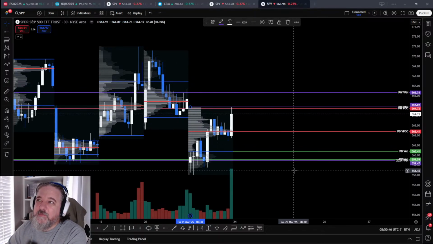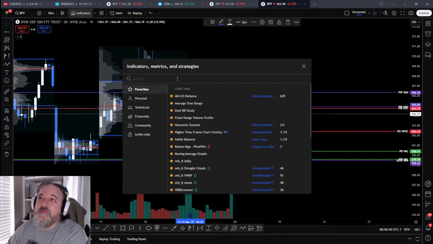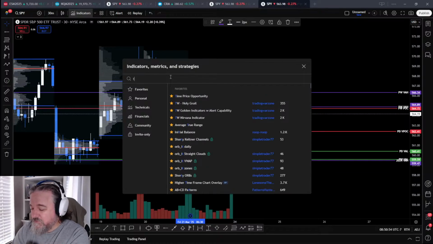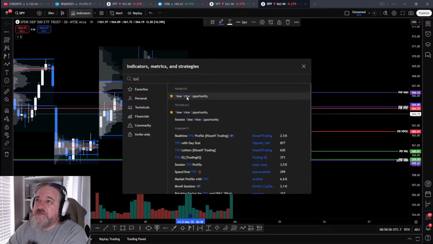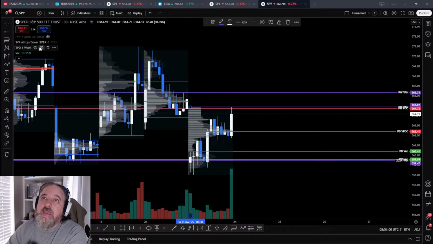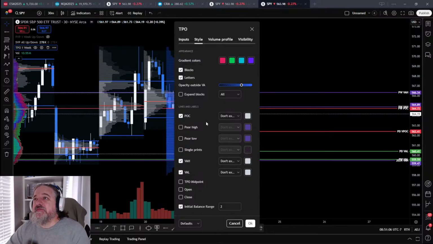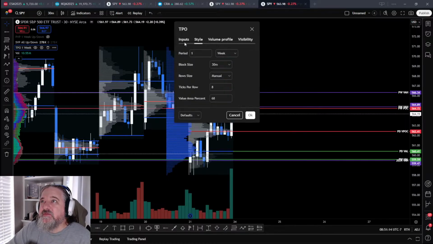You're moving forward a couple of lines, and then you want to use your TPO. So you just type in TPO or time price opportunity. And under your settings, you can turn on whatever you want, really, like poor low, poor high, single prints.